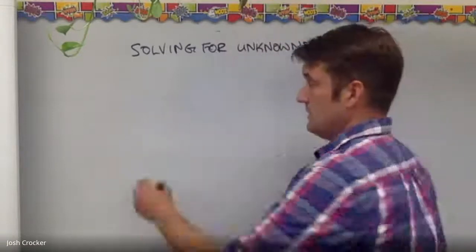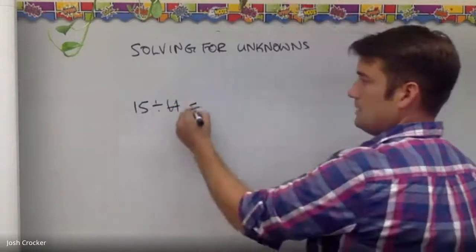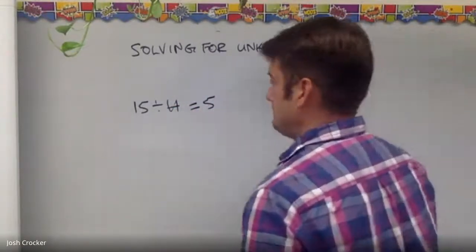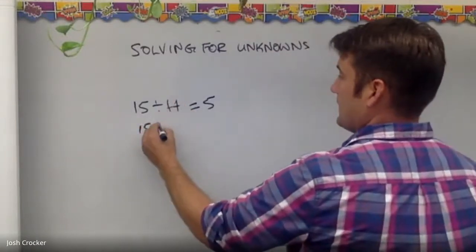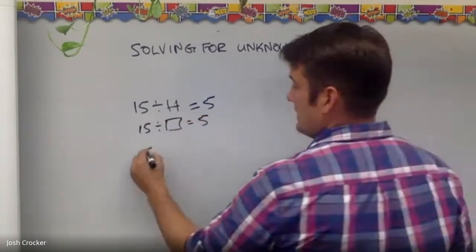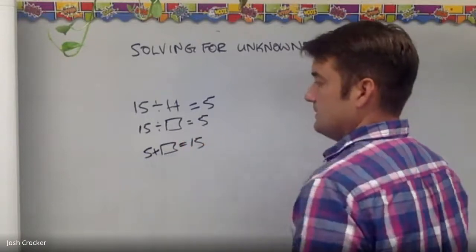Okay, 15 divided by h equals 5. Okay, so 15 divided by something is 5. I could also look at this as 5 times something is 15.